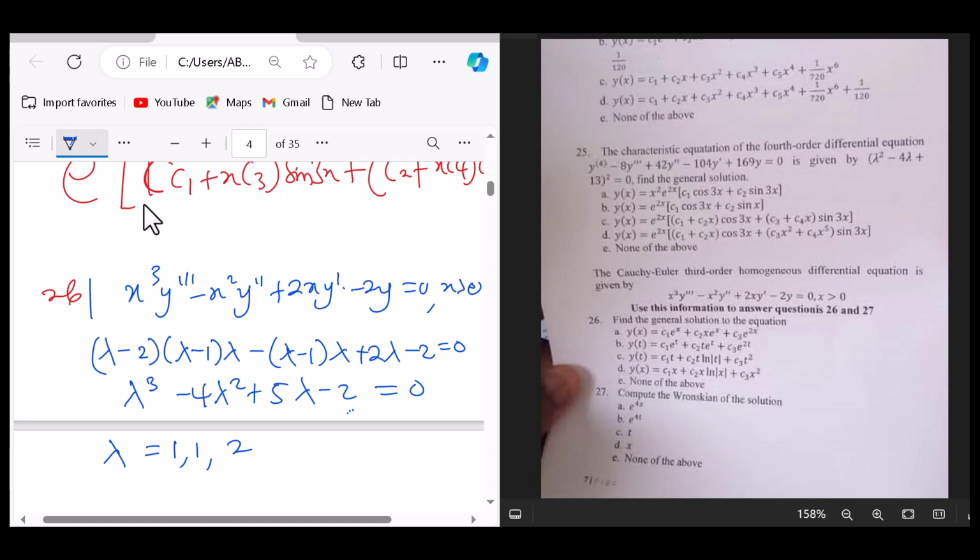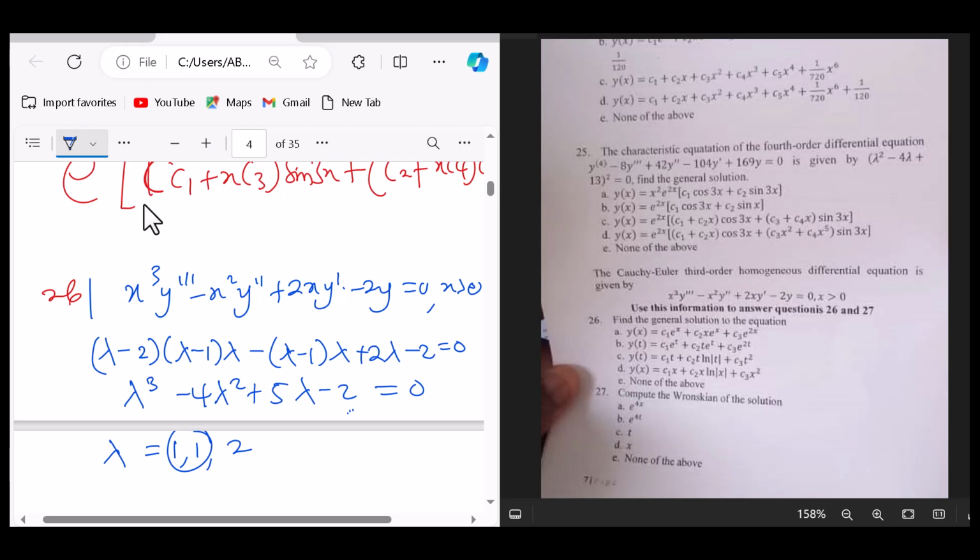Let me check. So that will be 1, minus 4, 5, minus 2. So we get lambda to be 2 and 1. Yeah, so we get something like that. The 1 has a multiplicity of 2.